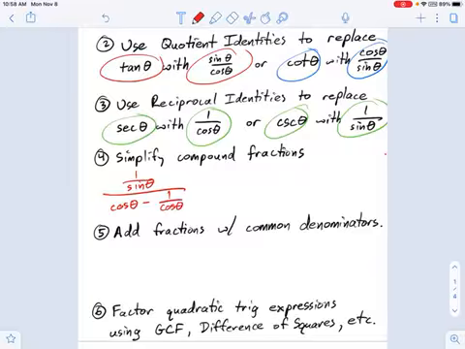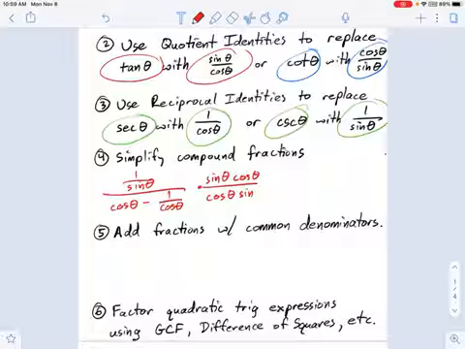You have to know how to deal with those fractions by clearing the denominators. In this particular example, I know I have to multiply by a cosine theta in order to clear the denominators on the bottom, and a sine theta to clear the denominators on the top. But I have to have the equal functions on top and bottom of this fraction. So I need a cosine on top and a sine on bottom.